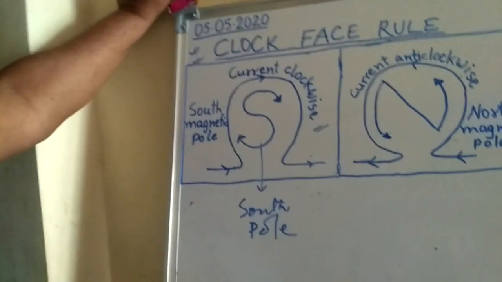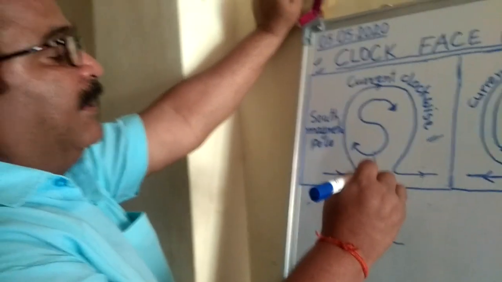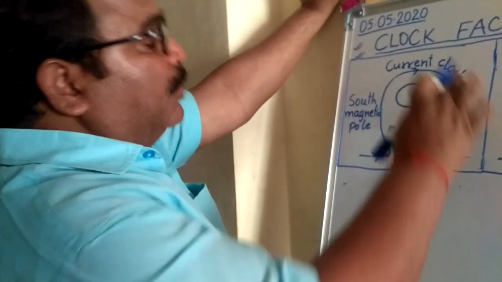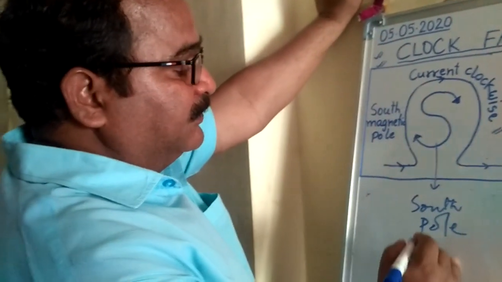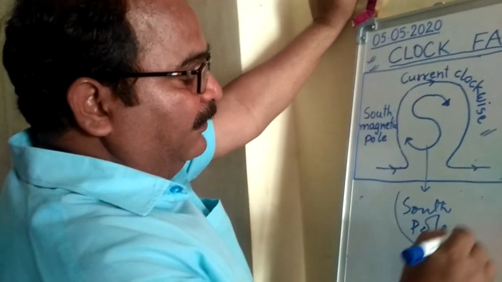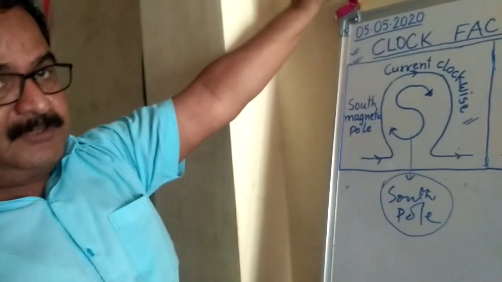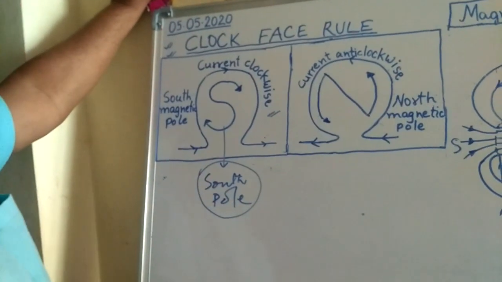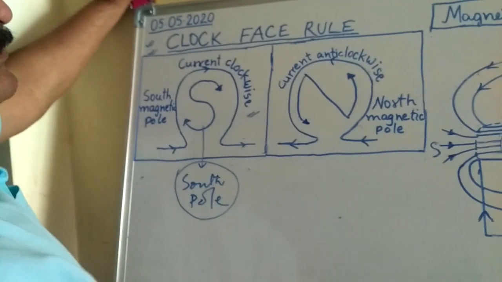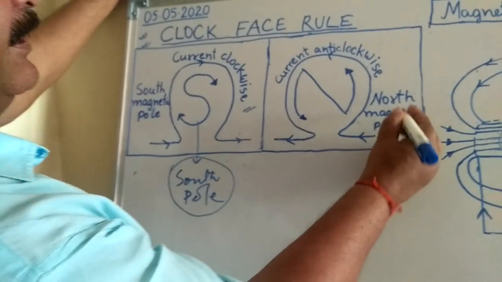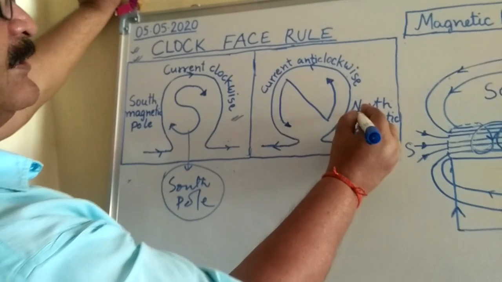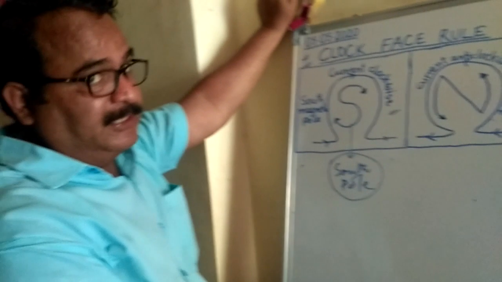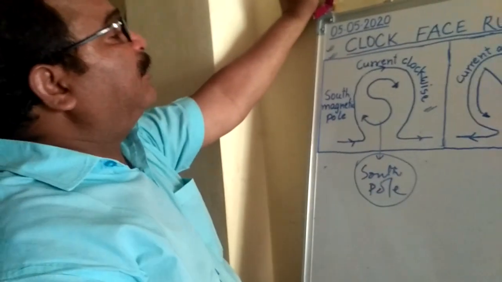We want to say that if the direction of the current in the circular loop is clockwise, then that face is determined as the south pole of the loop. If the flow of current is anti-clockwise, it means that face of the circular loop indicates the north magnetic pole. This is what the rule tells. This is all about the clock face rule.